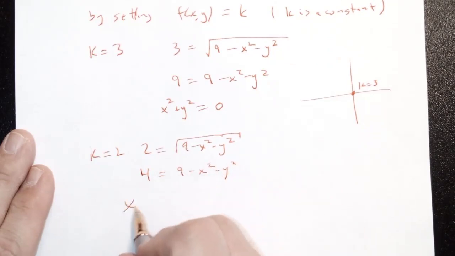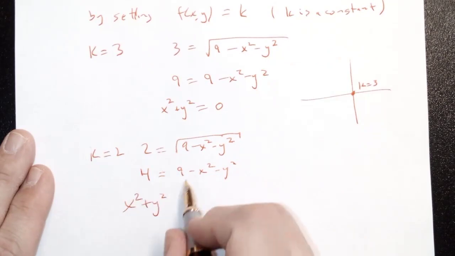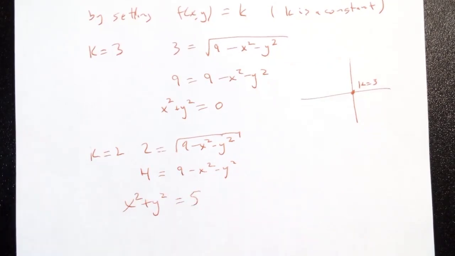Move the variables over. Move the 4 over. What shape is that? A circle of radius square root of 5, right?